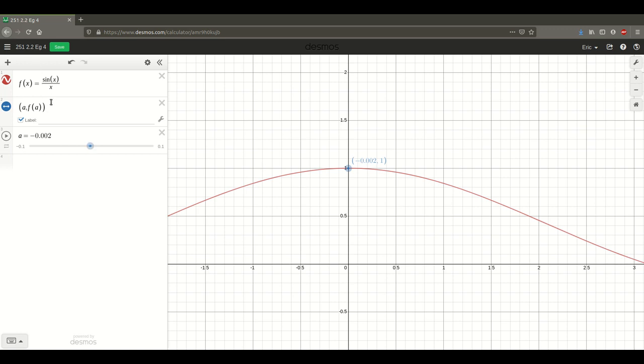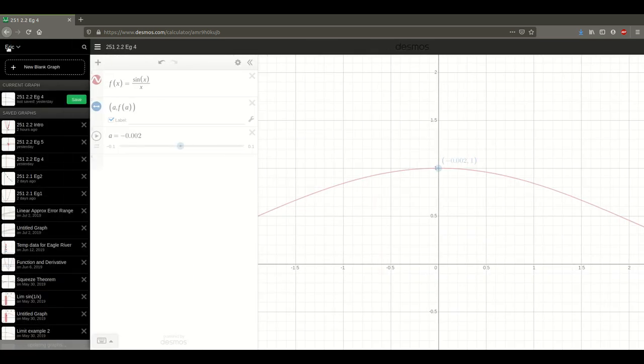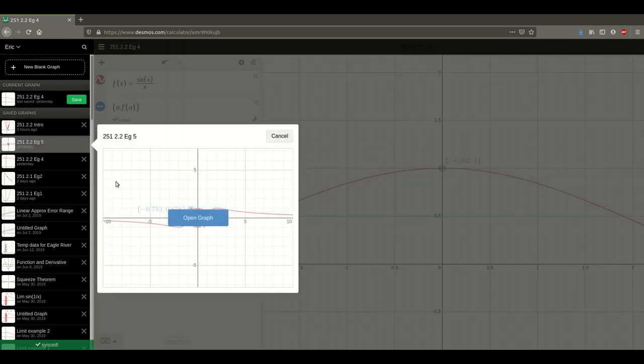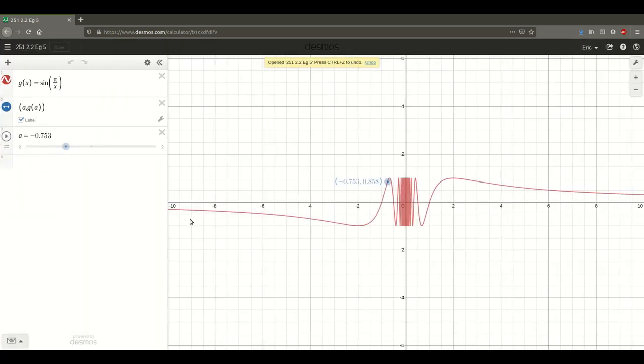But now let's take a look at a different function. We're going to look at the same trigonometric function, we're just going to change its argument. We want this one. Take a look at this. We have the sine of pi divided by x. And as we let the value of x change, look at what happens.